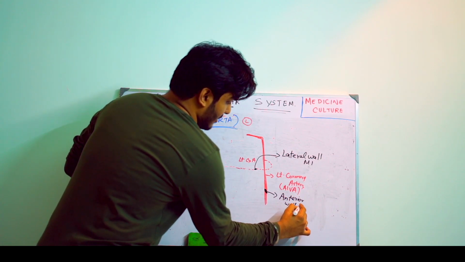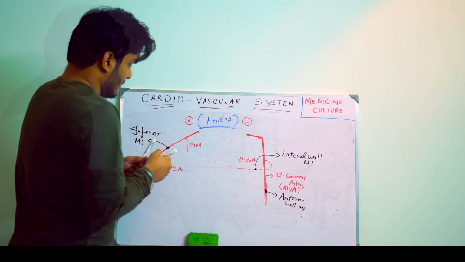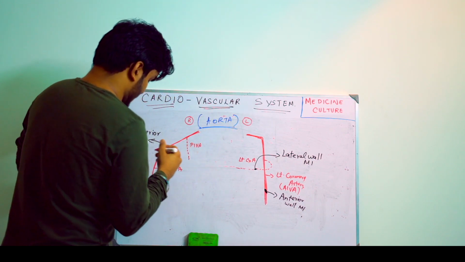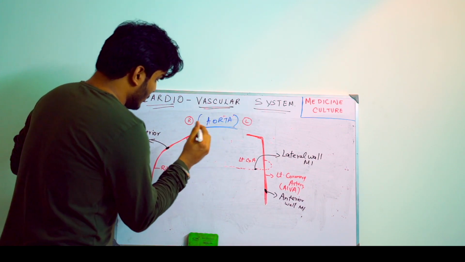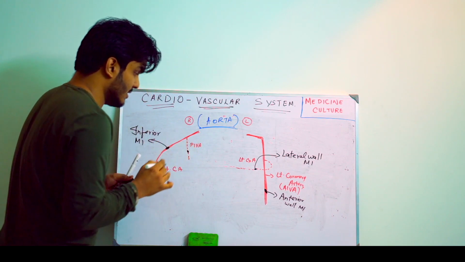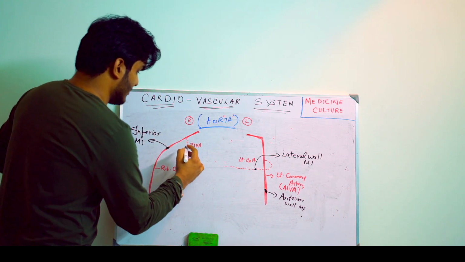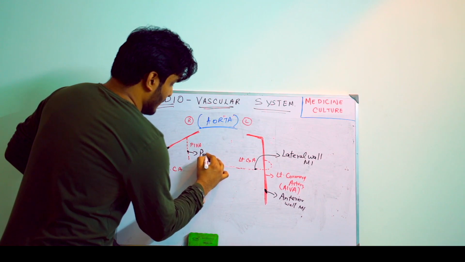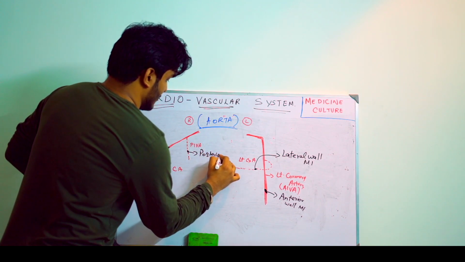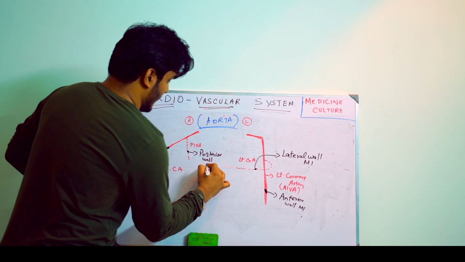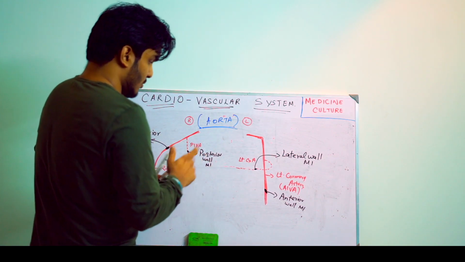Anterior wall MI. Now the posterior interventricular artery: if there is an occlusion in the posterior interventricular artery, this gives rise to posterior wall MI. So one last thing is left.